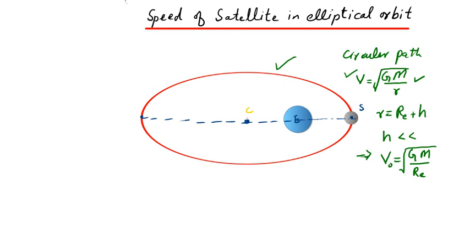This point, which is away from the planet Earth, is called, in the language of mathematics, apogee. And this point, which is near to the planet, is called perigee.